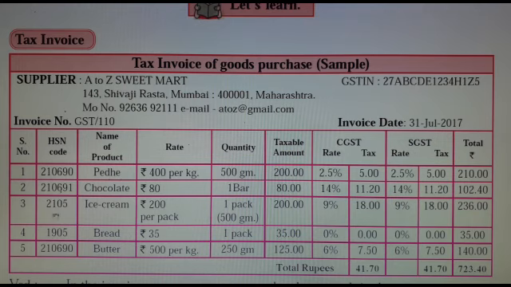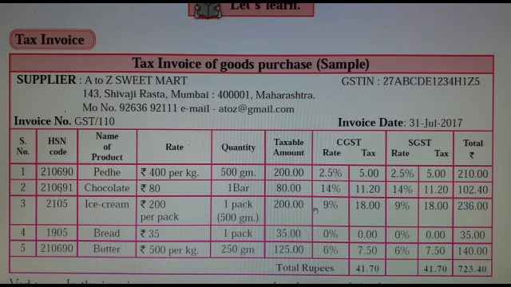Third item is ice cream, and you like it. The HSN code of that ice cream is 2105. Rate is rupees 200 per pack. One pack is purchased and that is of 500 grams. 200 is the taxable amount. The rate of CGST on the ice cream is 9%. SGST also 9.